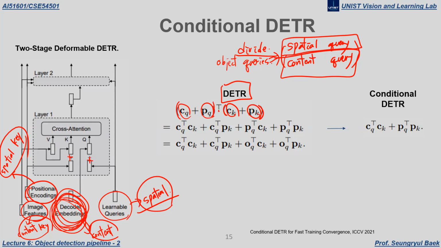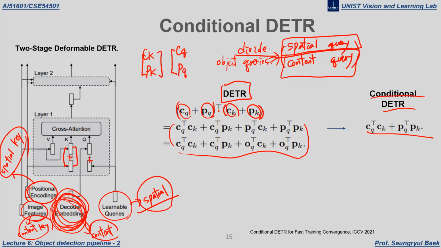But now in conditional DETR, we separate their operations by concatenating the content key and spatial key, and the content query and spatial query.